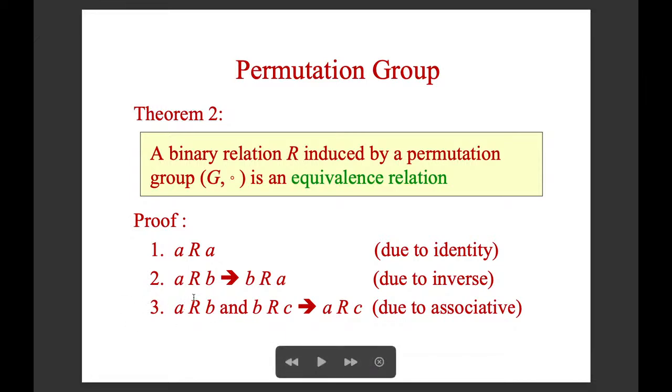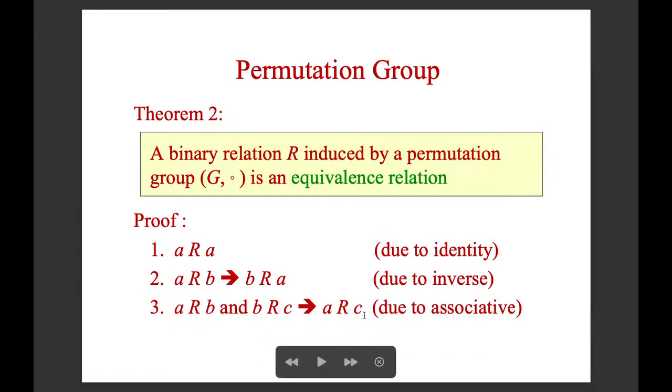Suppose there is a permutation, let's call it pi 1, in which A maps to B, and another permutation, pi 2, maps B to C. Then the composition pi 2 dot pi 1 will map A to C. The composition pi 2 dot pi 1 is the application of two items that we choose in the set G with the operator dot. Because G is a group, it is closed, so pi 2 dot pi 1 is also an item of G. That means there is a permutation that maps A to C.